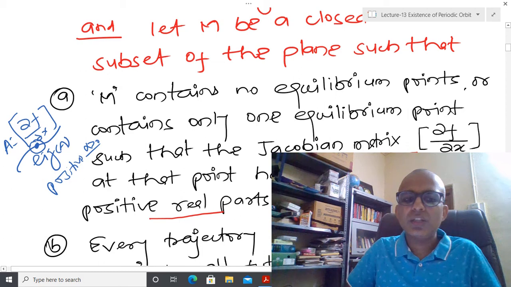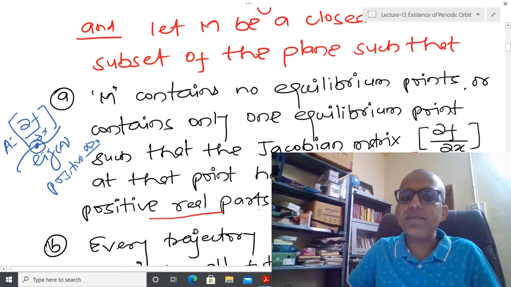Yes, sir. If the real part of the eigenvalue is positive, then it is unstable. What is unstable, focus or node? Unstable focus, sir. Focus?